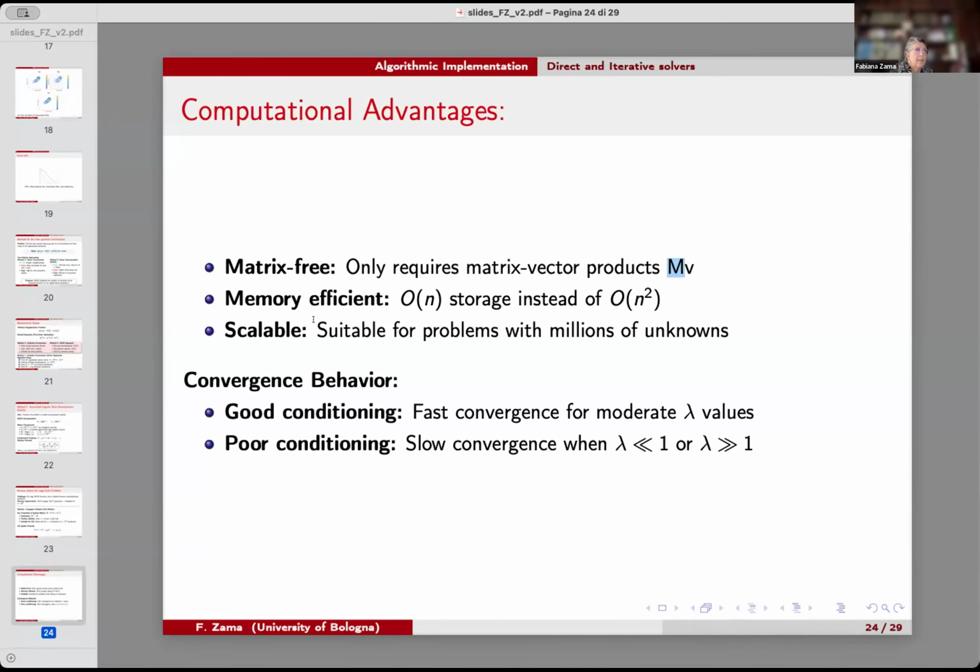It can be used for problems that have a large number of unknowns, for example, in the case of 2-dimensional problems. The convergence can be an issue. It is well known that the convergence of this method depends on the conditioning. And the conditioning of the matrix is given by the singular values, or in the case of the generalized singular value decomposition, the values of sigma and mu.